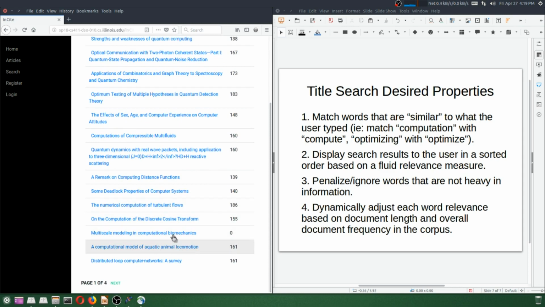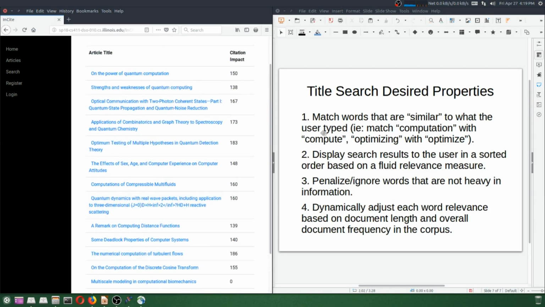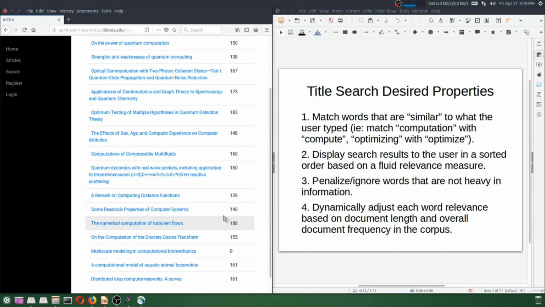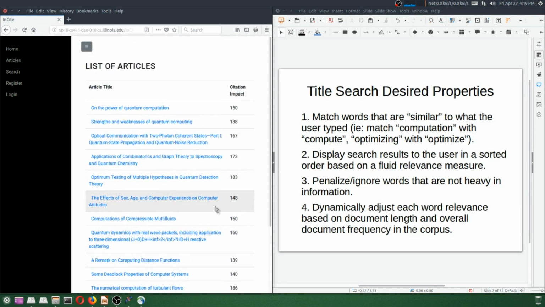And I guess there are no articles named awesome, right? So this small demonstration should show you that our search in fact satisfies all 4 desired properties. And if you want to know why it satisfies those desired properties, I will talk about the implementation later in our advanced functions section.